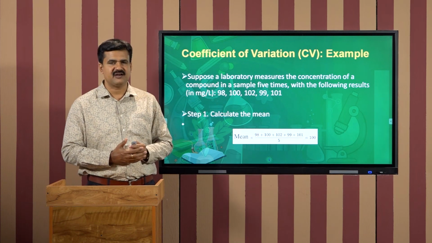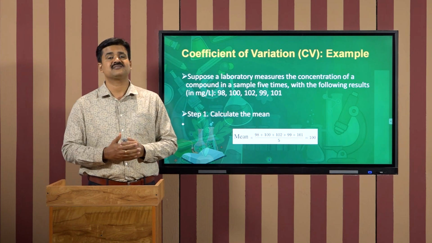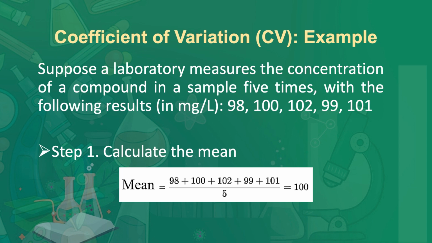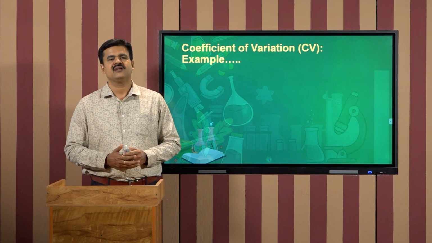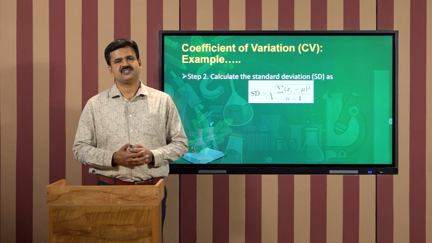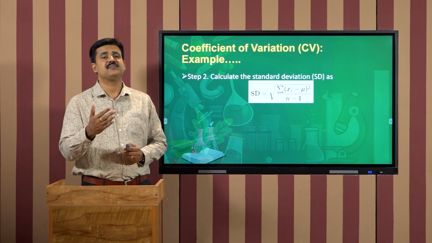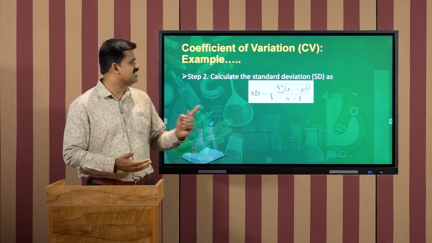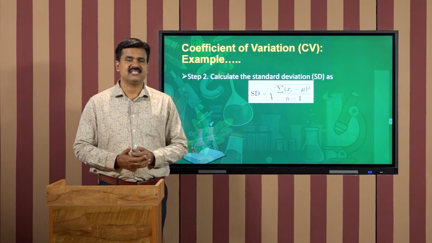Here there are 5 values. You have to add these values together and divide the total by the number of measurements, that is 5. So, the mean of the present set of data is equal to 100. Now, in the second step, we can calculate the standard deviation. The standard deviation is simply the sample standard deviation. That is why we are using n-1 in the denominator.